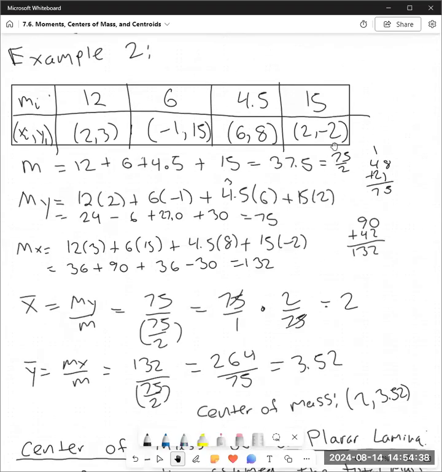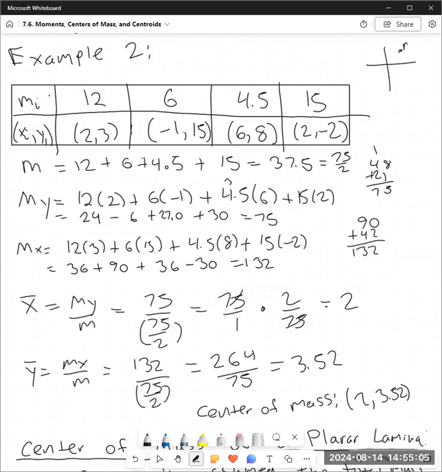So let's look at example 2 here, where I have masses of 12, let's say, grams, 6 grams, 4.5 grams, 15 grams, whatever my unit is here. And we have a coordinate system here. So mass 1 is located at 2, 3 up here in quadrant 1.